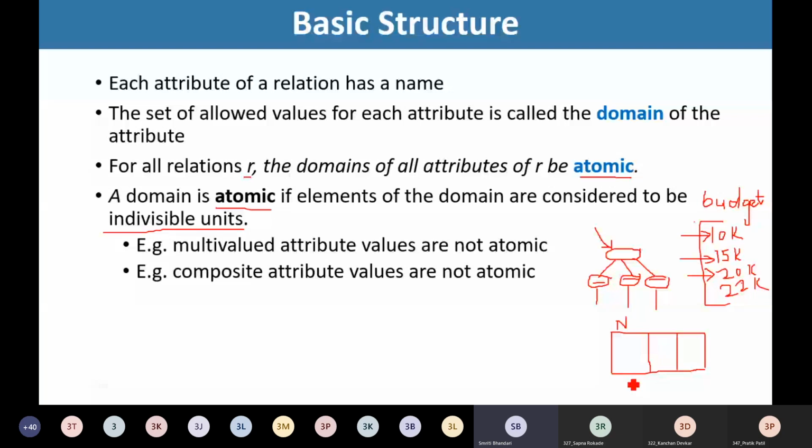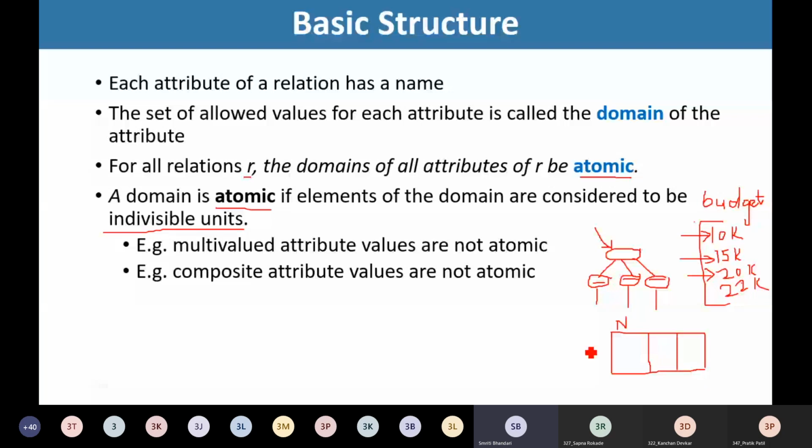But if I store all those subparts as three different attributes, then every individual attribute domain is atomic because it cannot be subdivided further. Got the concept?